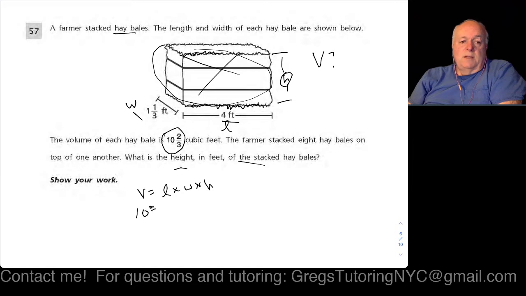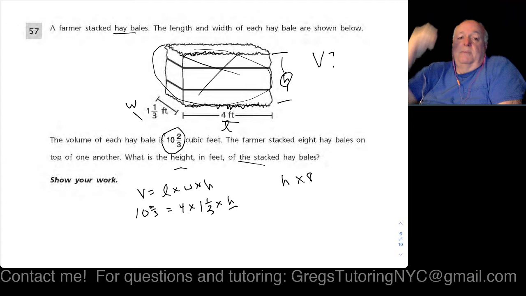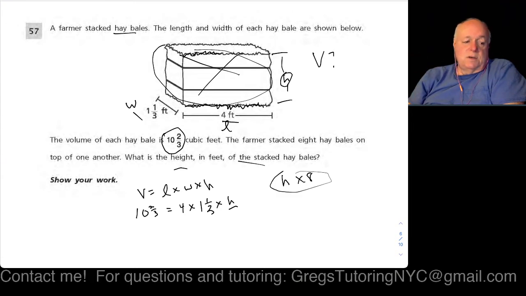We know the length is 4. We know the width is 1 1/3. We do not know the height. So it seems to me we need to figure out the height. When we finally get the height, we're going to multiply it by 8, and then you get the total of all the 8 bales stacked on top of each other.